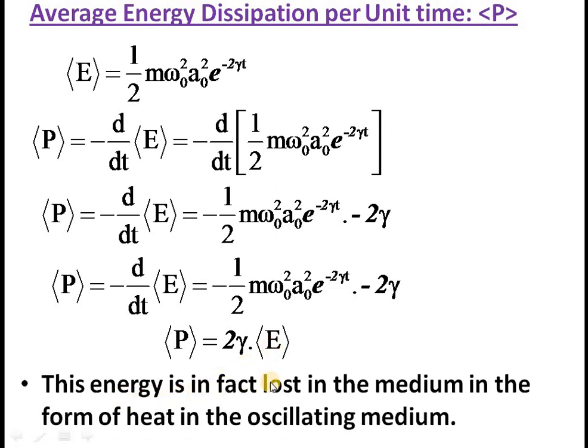The energy is in fact lost in the medium in the form of heat. When energy is lost, it goes to the surroundings. Suppose the oscillator is in oil or in a lubrication, like in vehicles, cars and lorries and trucks, there are so many springs oscillating that usually oscillate in some fluids, brake fluids or lubrications. So that energy will be lost in the fluid.